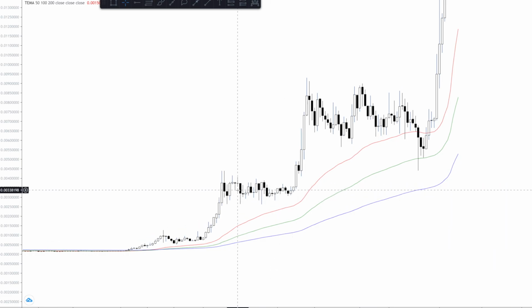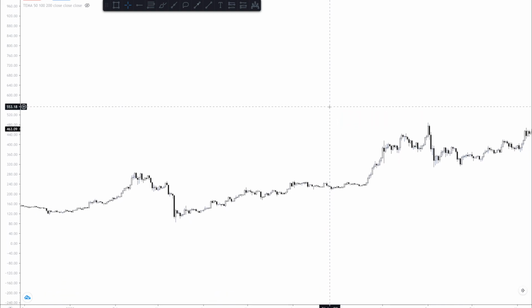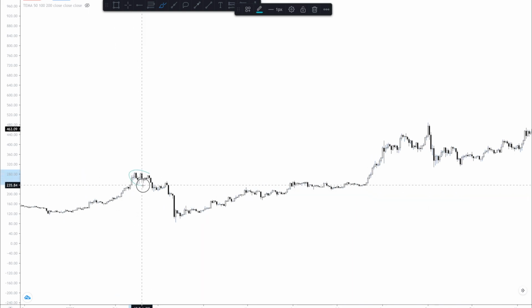Now let us take some more examples of impulse and correction. So here we are on Ethereum USDT daily chart. So let us try to find some impulse and correction on this chart. So if we start from here, you can see after this impulse over here we have a small correction because here are mixed colored candles.